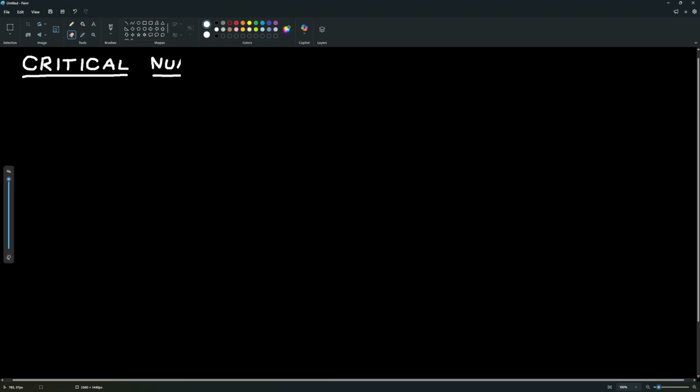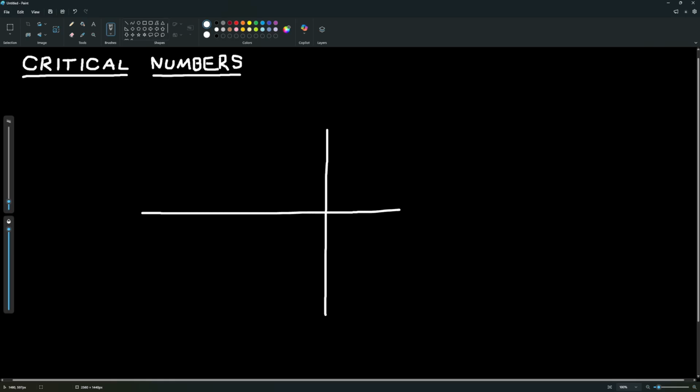Now, critical numbers are involved mainly when dealing with solving for extrema. Let's draw another graph to visualize what extrema are. Just think of extrema simply as maximums and minimums. So we have our graph here, and let's just say that our points are as such. I'm just going to make a little line here.